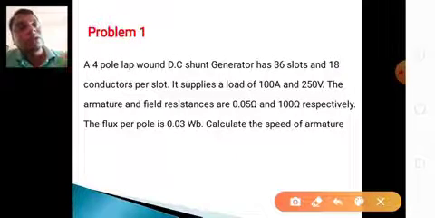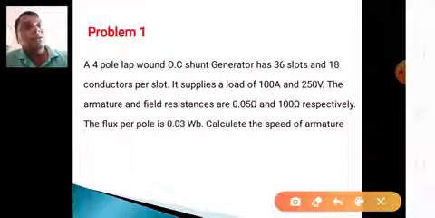Calculate the speed. You have to find the speed using the formula Eg equal to φZN by 60 into P by A. From that we calculate the speed of the armature, right?